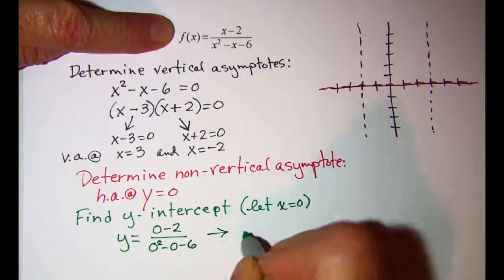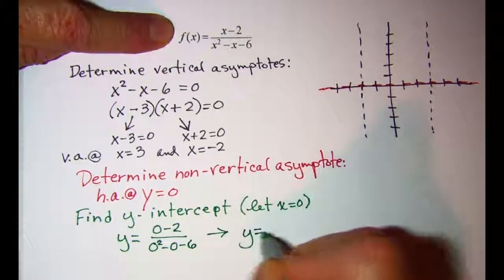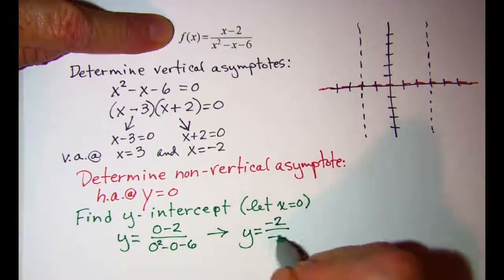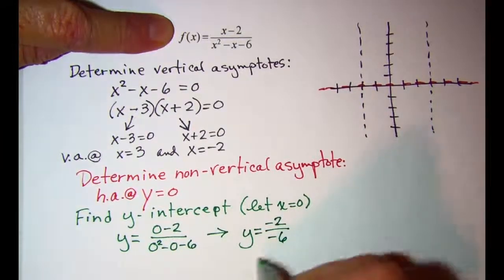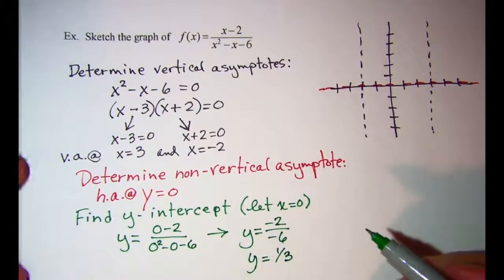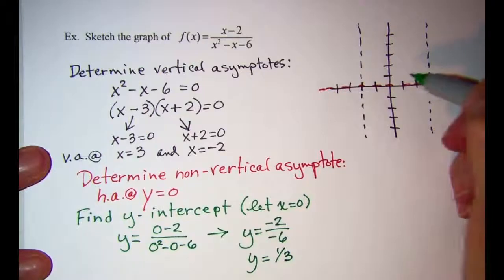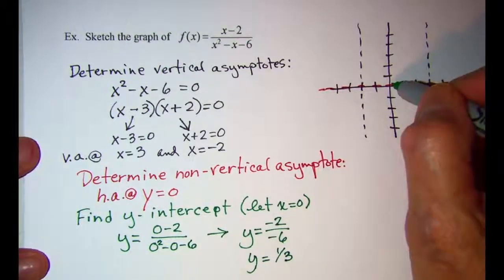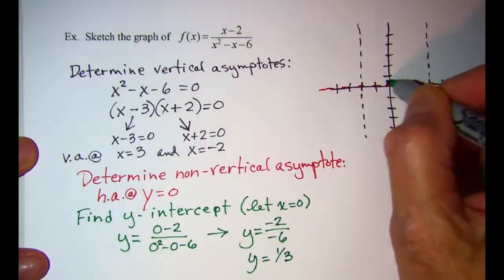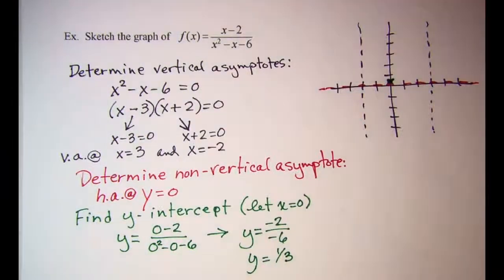So my y-intercept is negative 2 over negative 6, or y equals 1/3. And at y equals 1/3, we cross the y-axis.